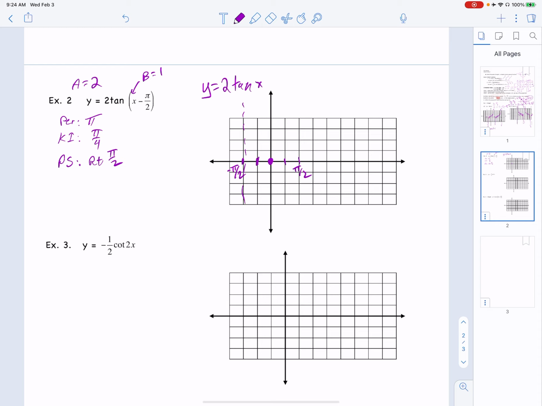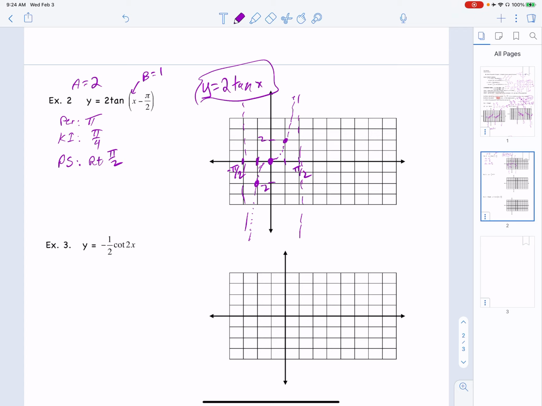And so these would be my asymptotes before, this is y equals 2 tangent x. And the 2 is just going to make it 45 degrees that it goes up to 2, and to the left 45 degrees it goes down to -2. So it has this vertical stretch to it. So there's one graph of it.